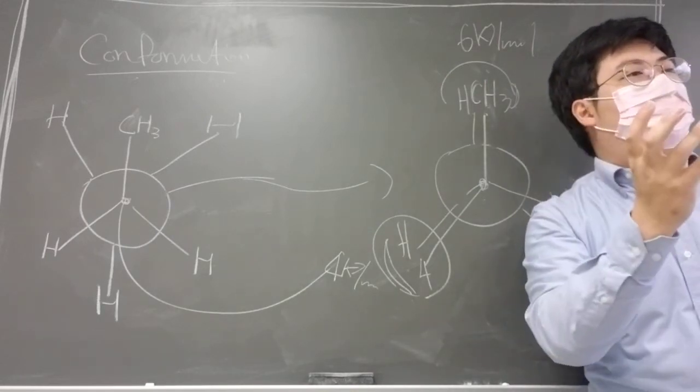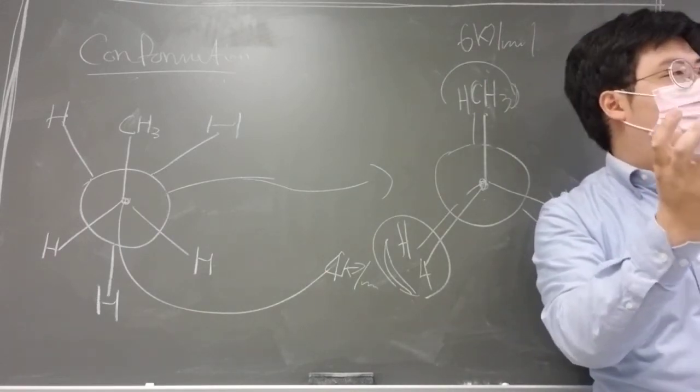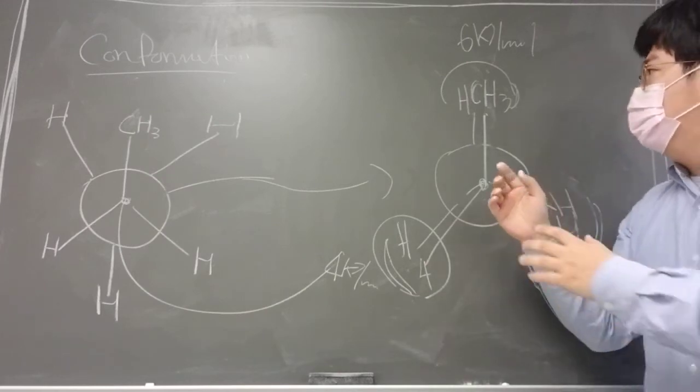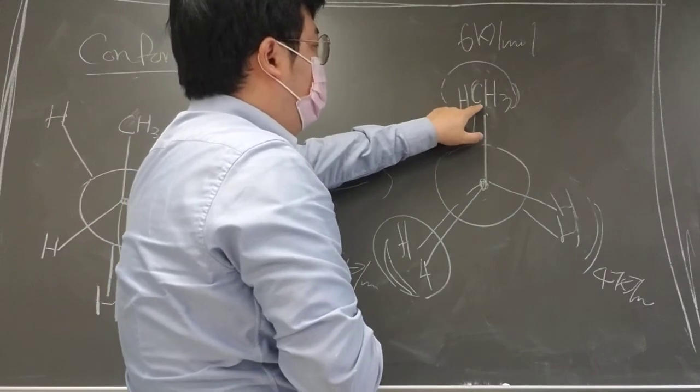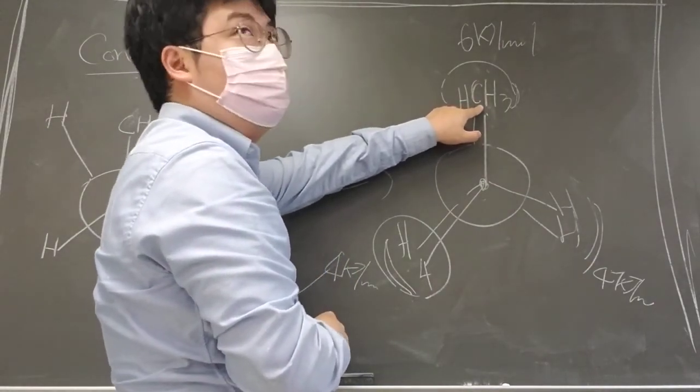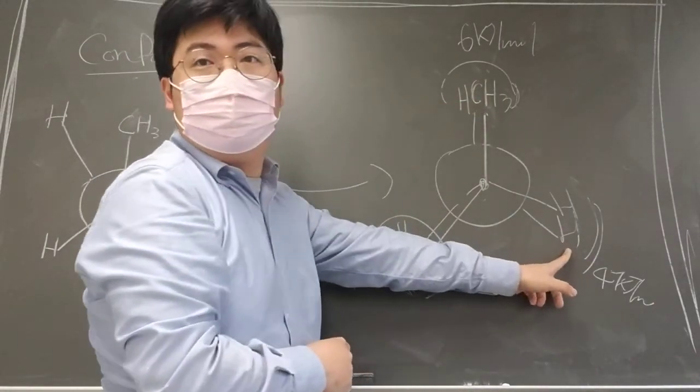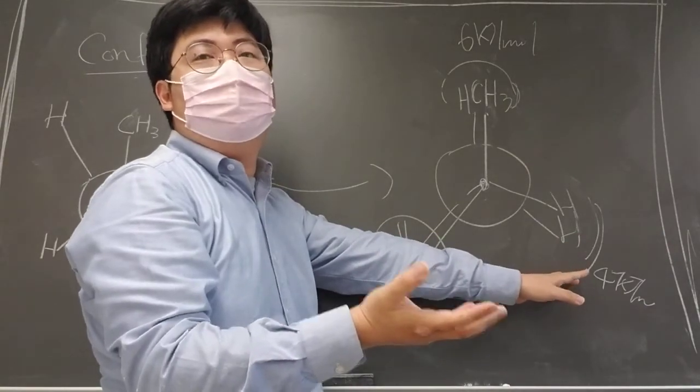There'll be a stronger electron cloud there. So the competition for space between the hydrogen and the methyl group will be stronger than these two because of the size. Makes sense, right?